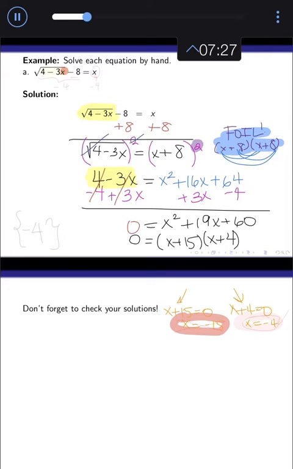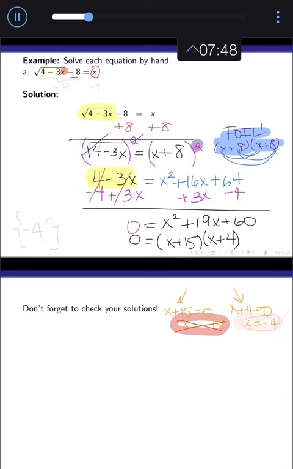Added to the 4 that's out in front gives you 49. Square root of 49 is 7. Minus 8 gives you negative 1. And we said x was negative 15. So negative 1 does not equal negative 15, so that first answer does not work.